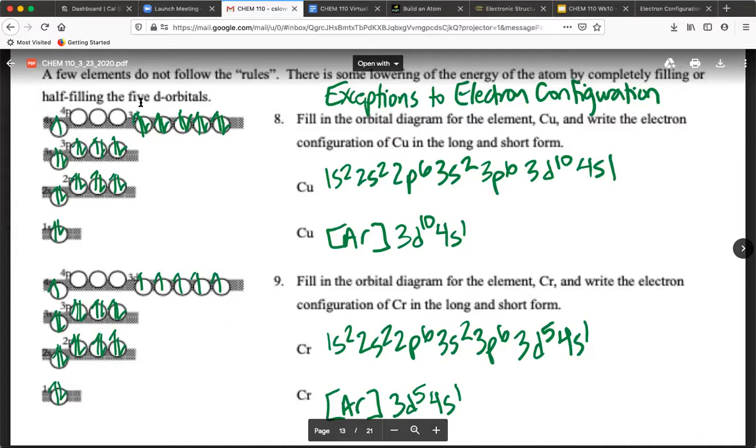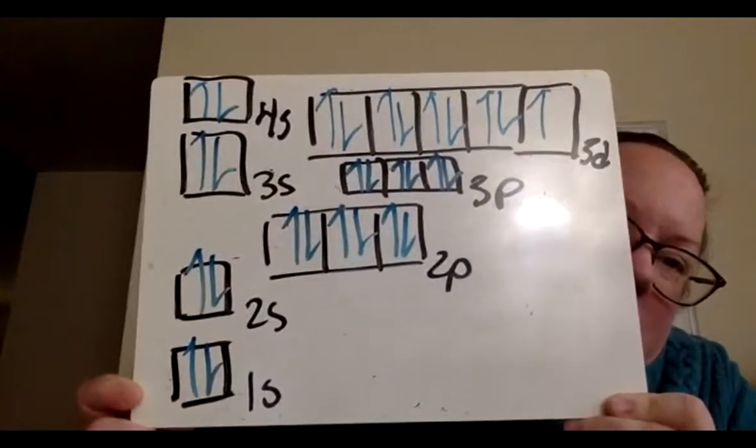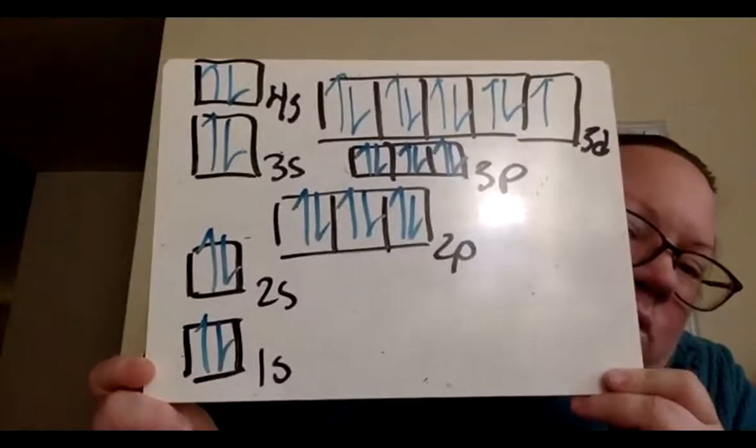So you might be tempted to write it this way. If we were writing it according to our normal rules, it would probably look like this, where the 3d9, that's what we would expect to see if we were following our normal rules.